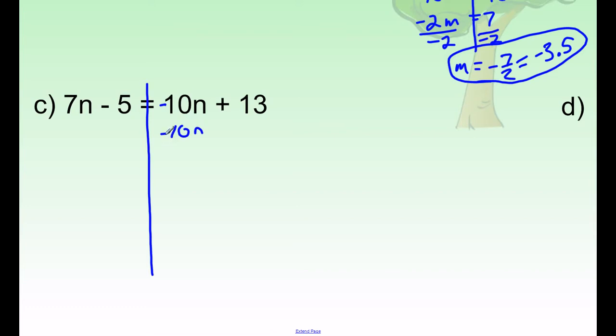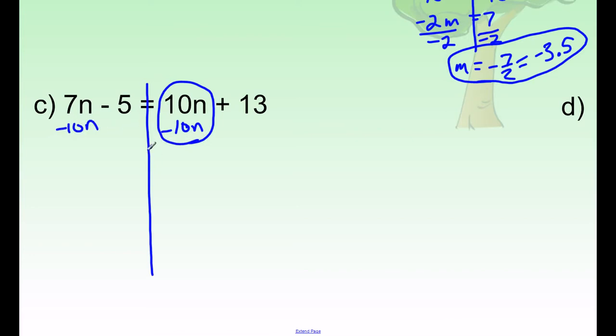Because this would be a negative, you'd have to use a positive or a plus 10 to get rid of it. So those same kind of rules apply. You're still doing the opposite of what you see. So if it's a negative, use a positive. If it's multiply, use divide, that sort of thing. But I just wanted to show, because in all the examples so far, we've always just done minus this piece. Well, we're minusing it because it's a positive. If it was a negative, we'd have to add.